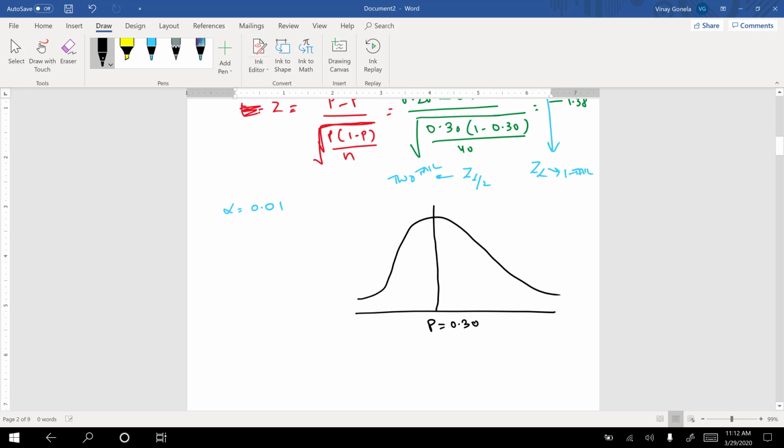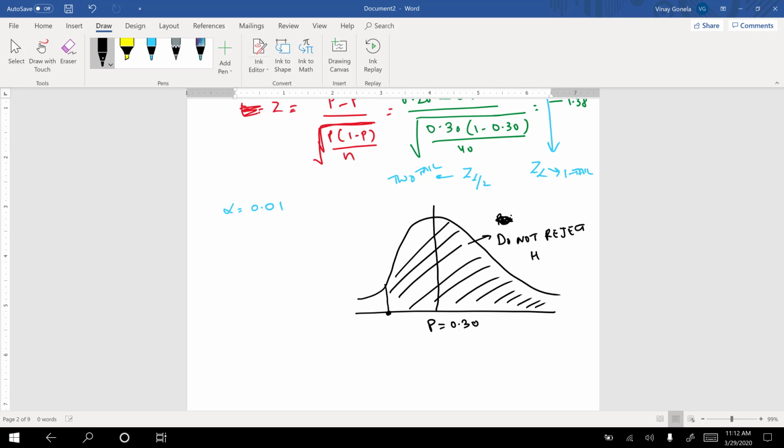Greater than means I will have some value here, and this is the area where the president's claim is true. That means our null hypothesis is true, so we say do not reject H null.